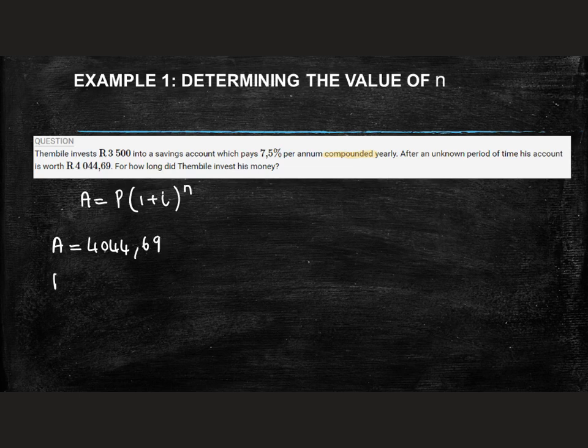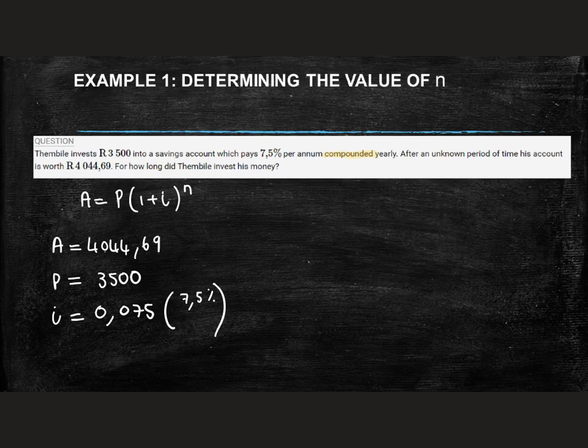We know that he invested a present value of 3,500, and we know that the interest rate was 0.075. For those of you who don't remember how to do that, it was 7.5%, and I've just divided 7.5% by 100 to get 0.075.